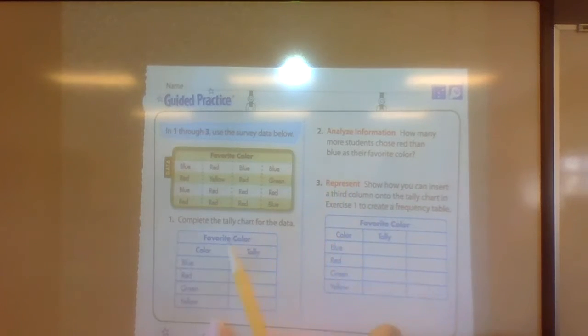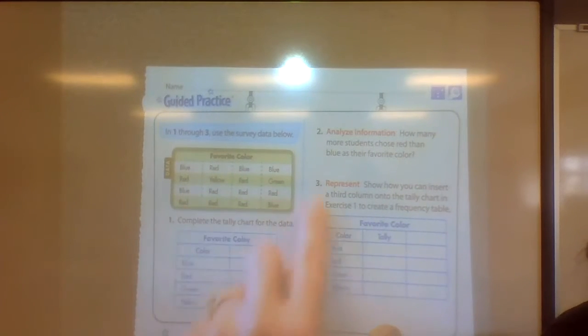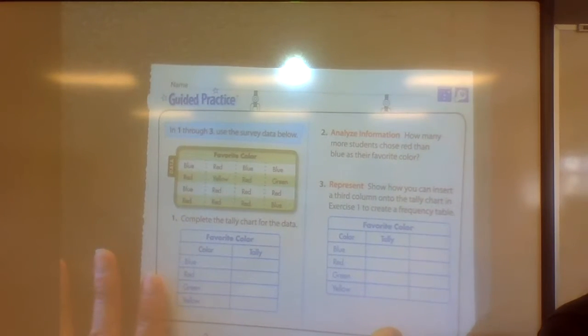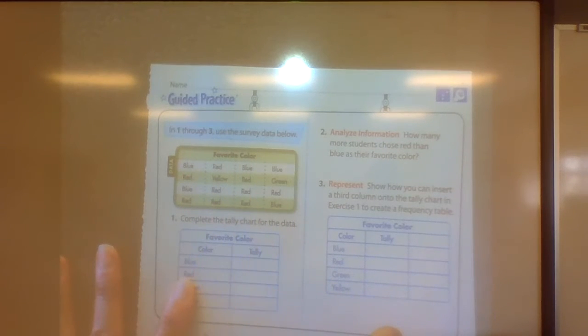So it says complete the tally chart for the data. So the way I like to do this is you can see there's blue. It doesn't go in any specific order. So the way I like to do this when I'm given data like this is I'm looking for blue, and as I go through, you can go in order or you can find all the blues.